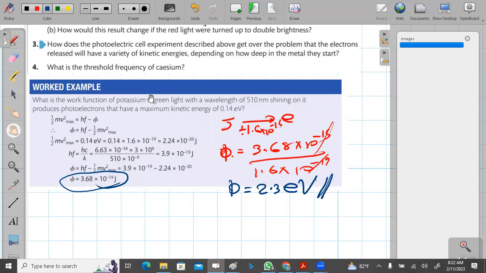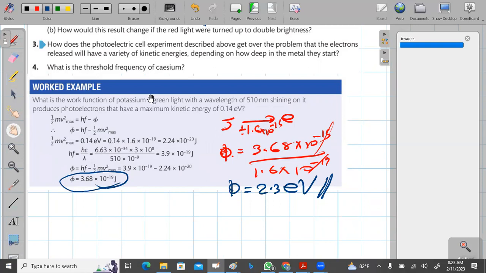Why? Because electrons at the top of the surface will be released easily. Electrons which were deeper in the metal take more work function, so that's why the electrons have different kinetic energy.